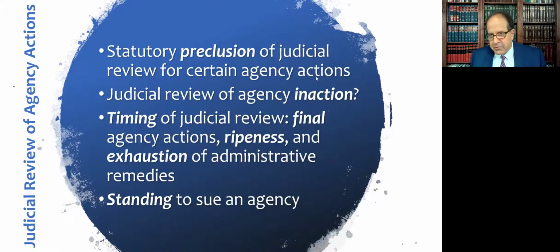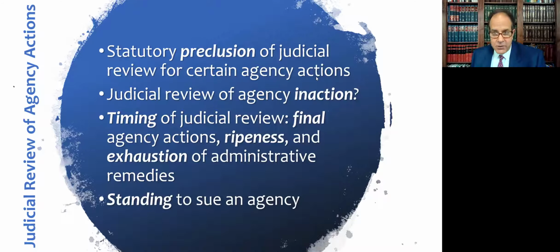Then we have a group of cases about the timing of judicial review. And even though this is at the end of the course, when you're in practice as a lawyer, this ends up being really important, an issue that comes up all the time. So when do we have a final agency action, or when is the agency action final enough that we can go into court and the court will say, this is actually something that we can make a decision about?